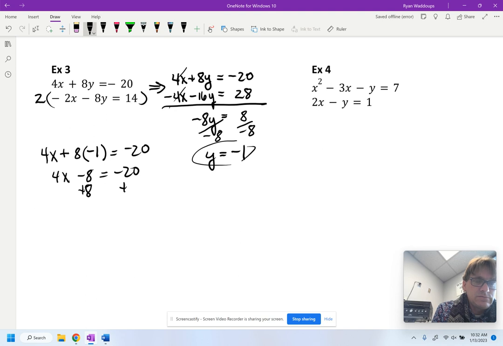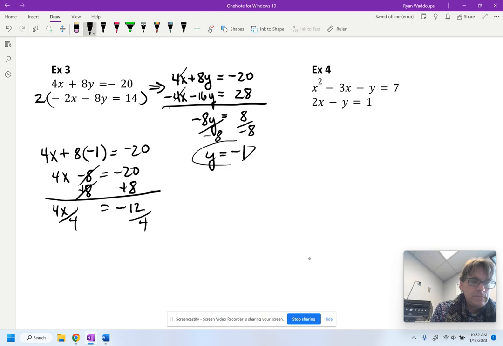Add 8. And then 4x equals negative 12. And then divide by 4. X then is equal to negative 3. And so in this case, the solution is negative 3, comma, negative 1.